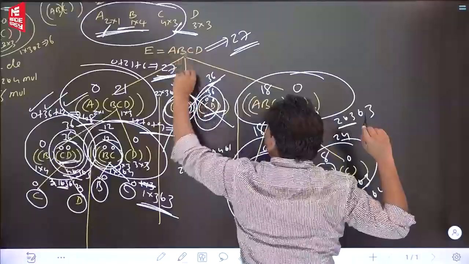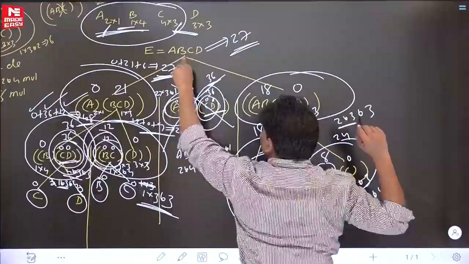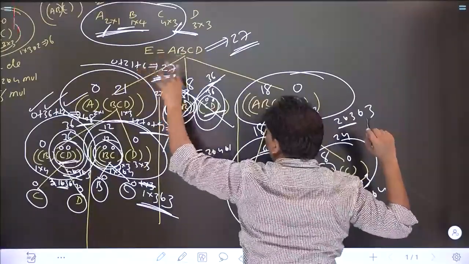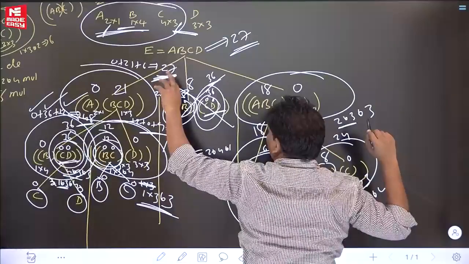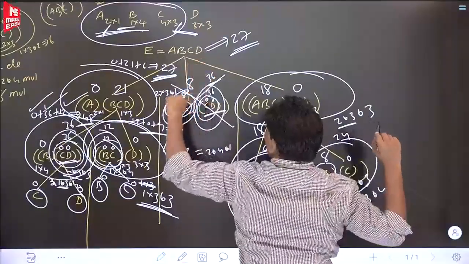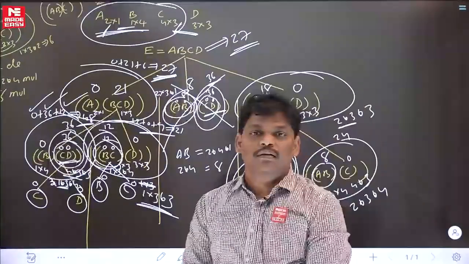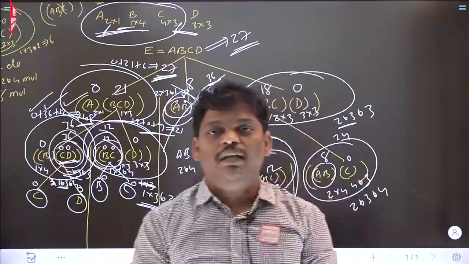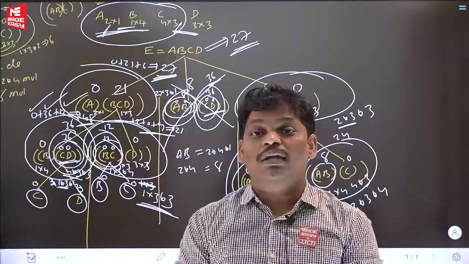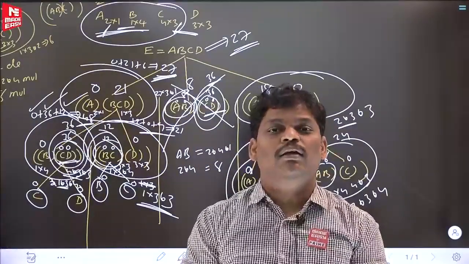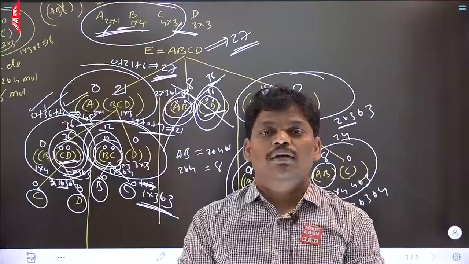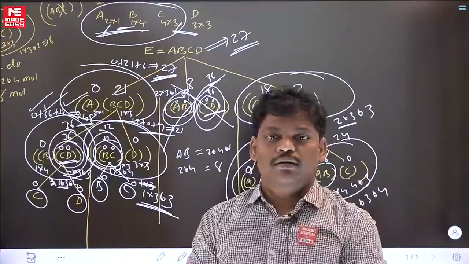So 4 matrices ternary tree, n matrices n minus 1 array tree, which is nothing but, forget about the minus 1 plus 1, upper bound. If n matrices are there, an n-ary tree will come. 4 matrices, 3-ary tree, 10 matrices, 9-ary tree, n matrices, n minus 1 ary tree will come. Upper bound, if you take n matrices, an n-ary tree will come, not a binary tree.